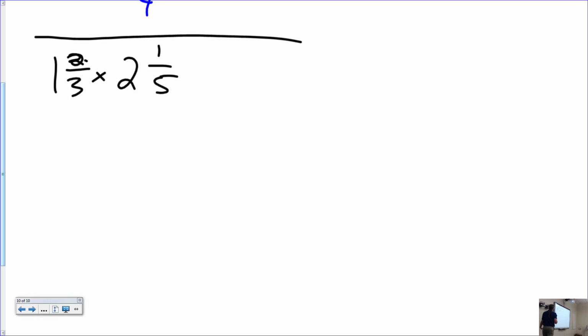When you are multiplying mixed fractions, folks, you must convert to an improper fraction. You have to. You cannot just multiply the whole numbers and multiply the fractions. That does not work. Your answer is just wrong, period. Okay? So please convert to improper and then multiply across.